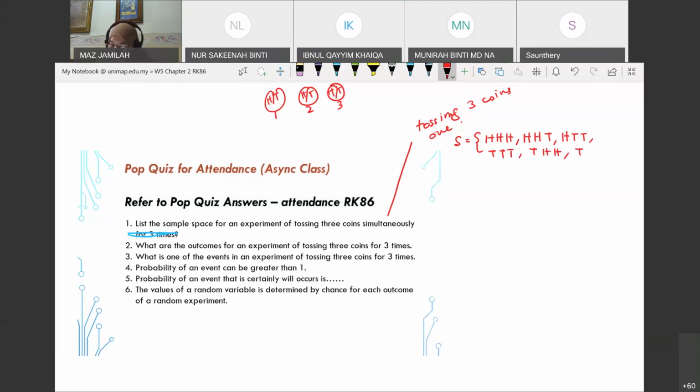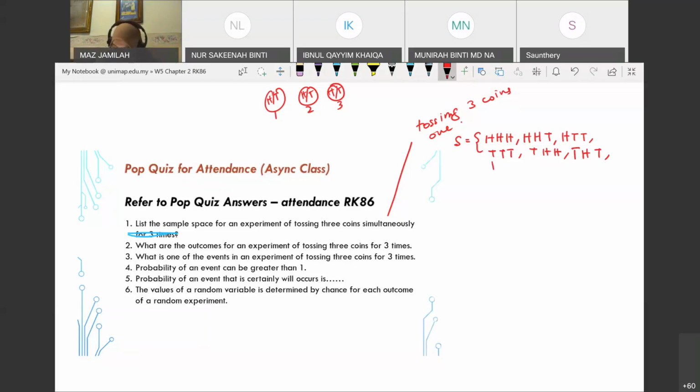Or tail, head, tail. What else? Head, tail, tail. Head, tail, head.